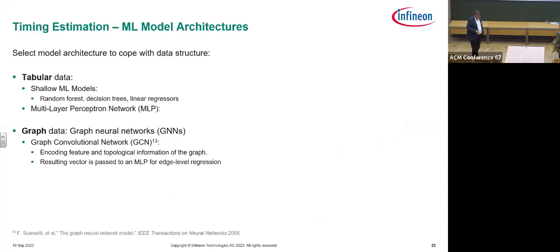With the tabular data, we tried out random forest, decision trees, linear regressions, and also MLPs. And with the graph data, we tried out graph neural networks in general, and especially graph convolutional networks.